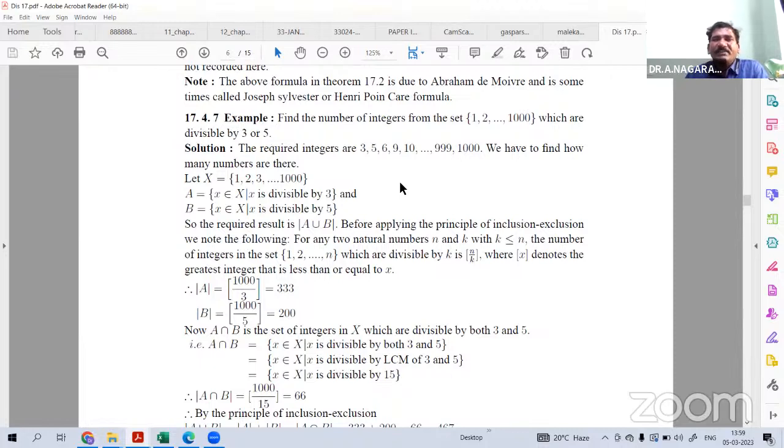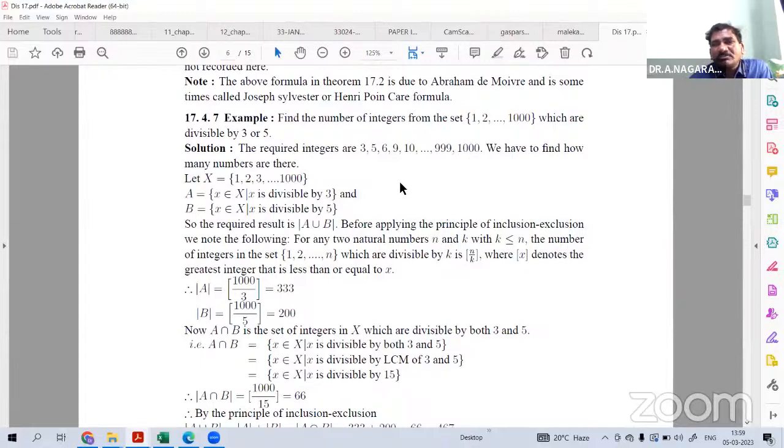So in this, first I will take those divisible by 3 and divisible by 5. What are the elements we have? I am taking here 3, 5, 6, 9, 10, and so on up to 999, because one set is divisible by 3 and the other by 5. We have to find out how many numbers we have for that.